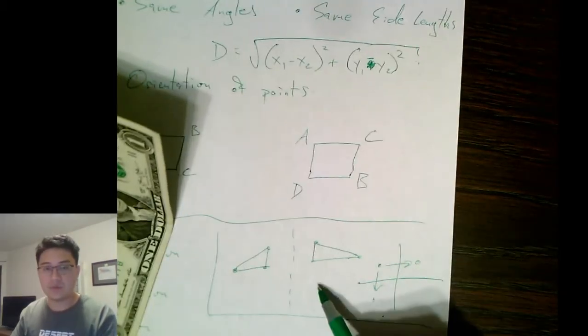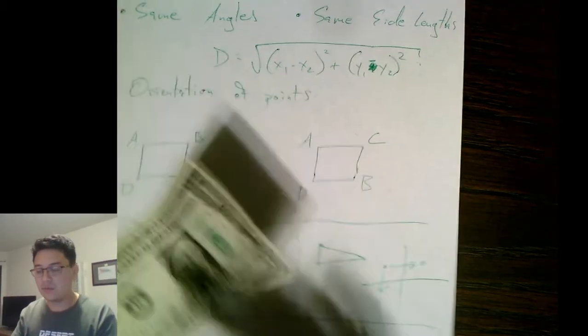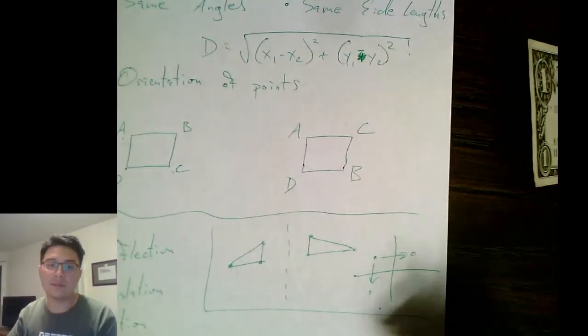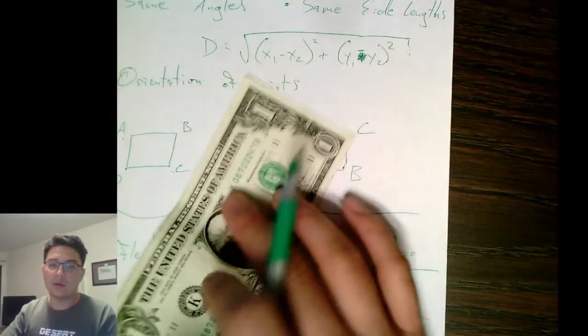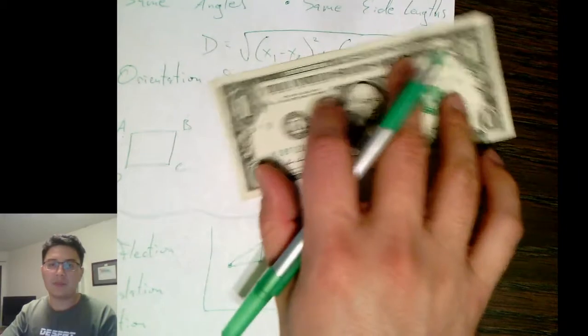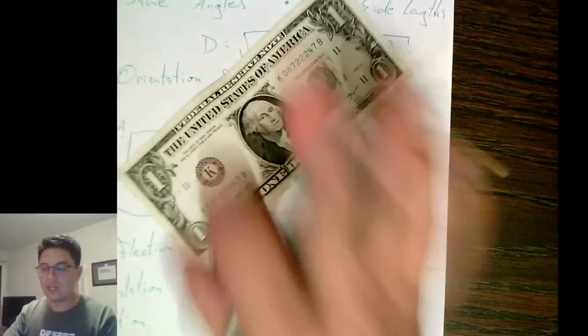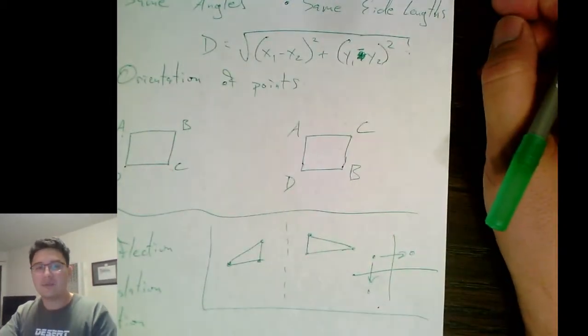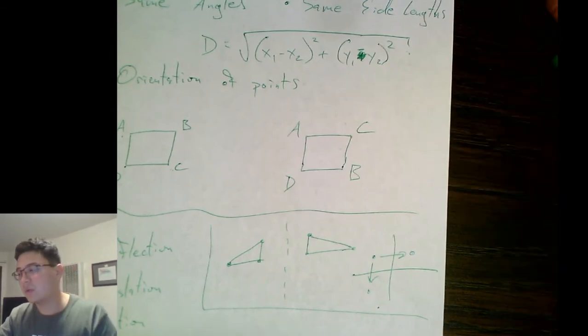Those change with reflections. The orientation of points changes with the reflection. With a rotation, the orientation is not going to change, but the position in the coordinate plane is going to change. So those are things that you can look out for when you're doing this one.